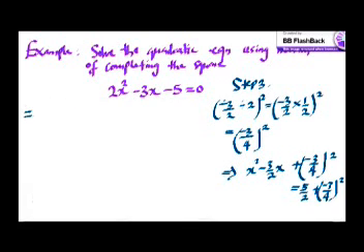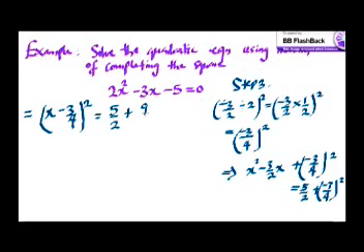This is going to be equal to (x minus 3 over 4) all raised to the power of 2 is equal to 5 over 2 plus the square of minus 3, which will be 9 over 16.